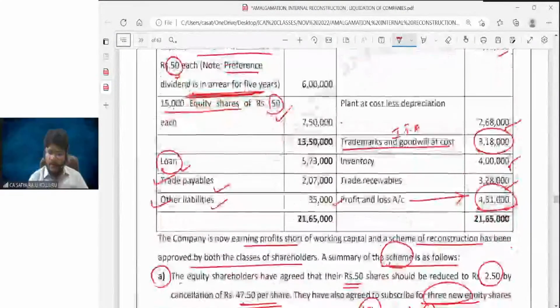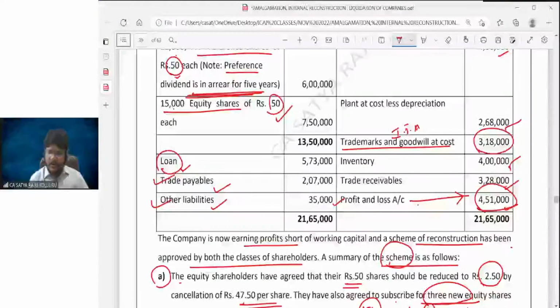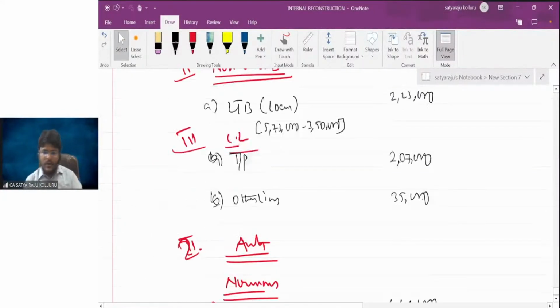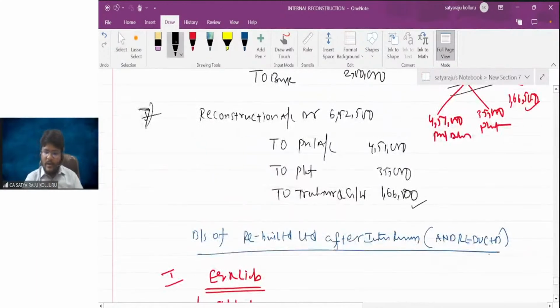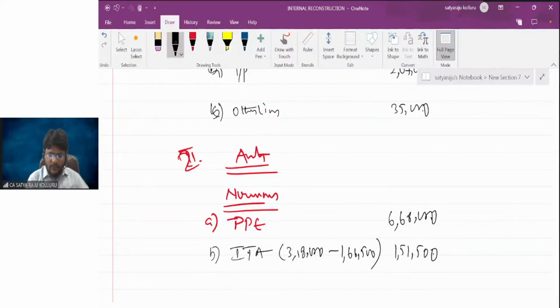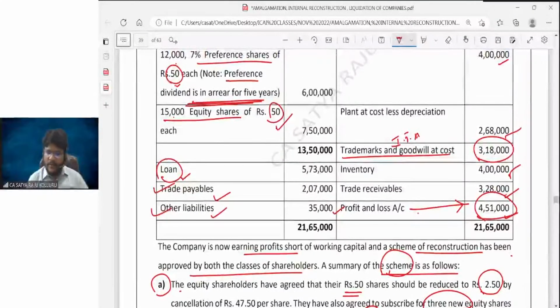Next, trademarks and goodwill, out of which intangible assets, 3,18,000 minus we knocked off 1,66,500. That is 1,51,500.